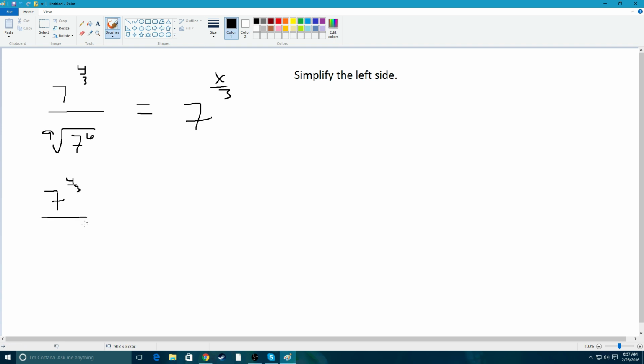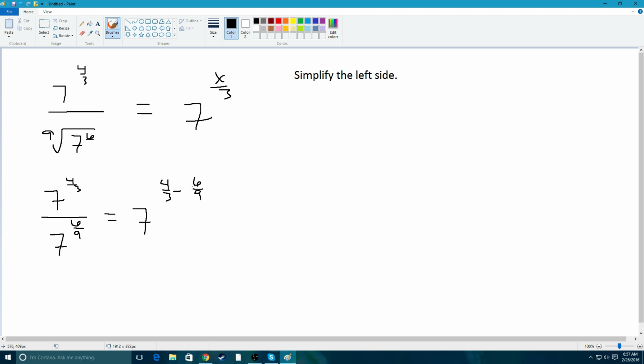But on the bottom, we've got 7 with the exponent 6 in the numerator and the 9 in the denominator. And now that we have common bases, we can use the rule from 10.3 that says we subtract the exponents. So this is equal to 7 to the 4/3 minus 6/9 power.